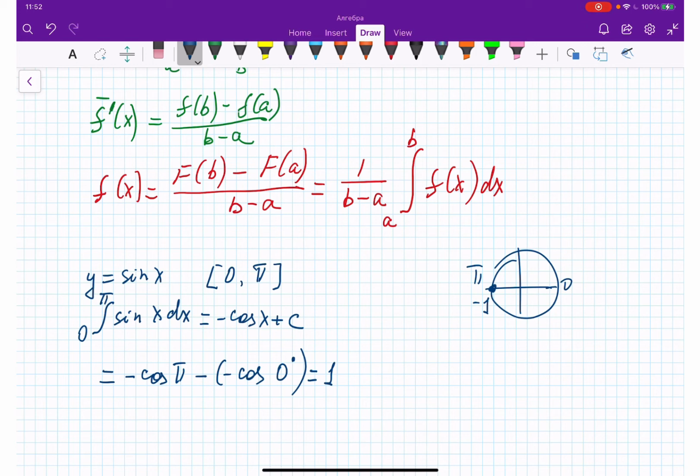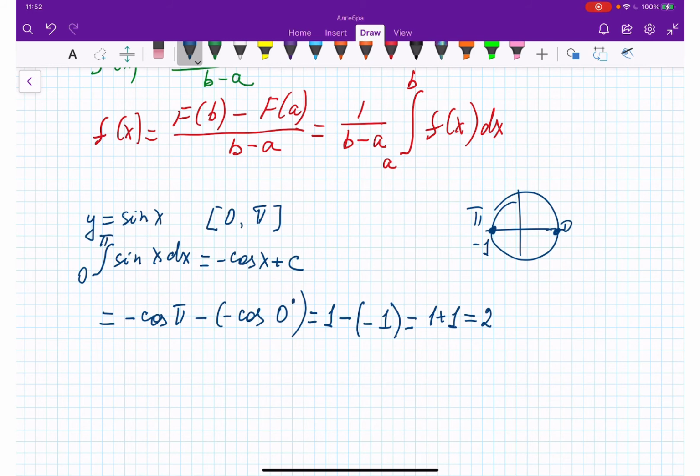Cosine of 0, it's going to be positive 1, right? So it's going to be minus negative 1, and we are going to get 1 plus 1 equal 2. Now, what is going to happen with the c, constant c?